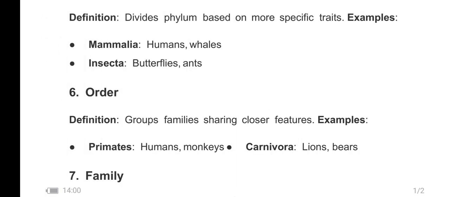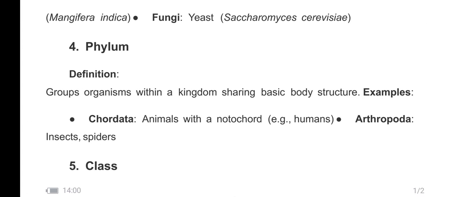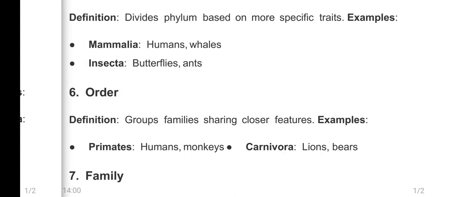Now the other taxonomic rank that we are looking at is the class. This class divides the phylum based on more specific traits. So every time you're looking at taxonomy, you are dividing. If you look at how the phylum was, when we talk about Chordata, we might have a lot of animals, we might have amphibians, we might have reptiles under Chordata, but under the class we are looking at specific traits.